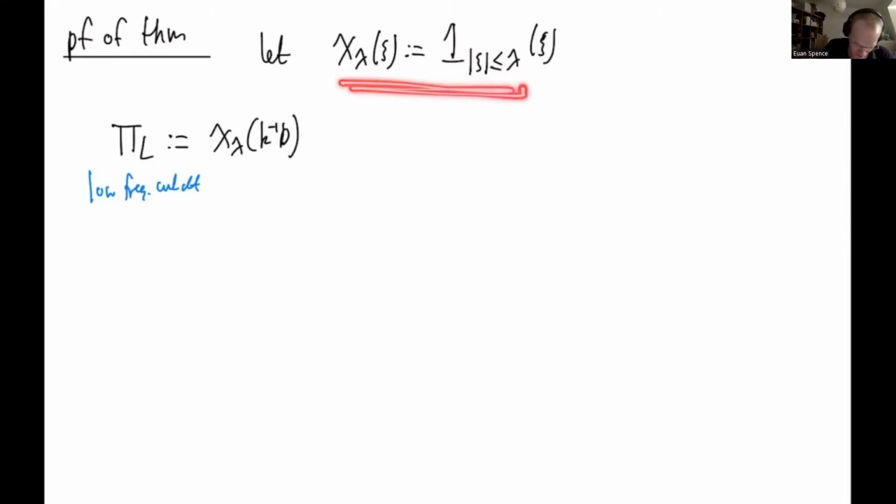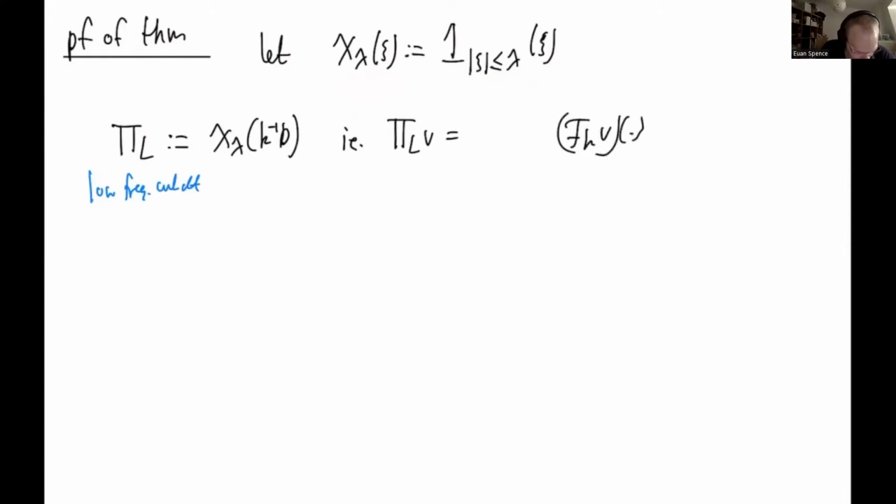I.e., pi L acting on function v is, okay, I go into Fourier space, I multiply by chi sub lambda, and then I Fourier transform back. And so you can see that this returns the frequencies less than or equal to lambda. Right, it's a sharp frequency cutoff. I ditch all the frequencies greater than lambda, and keep the ones less than or equal to lambda.